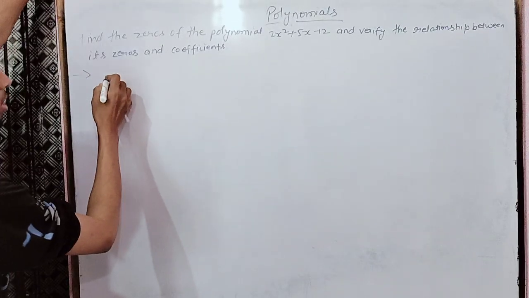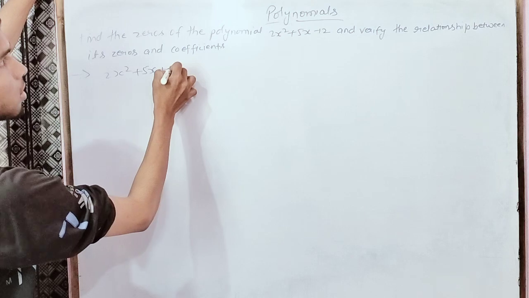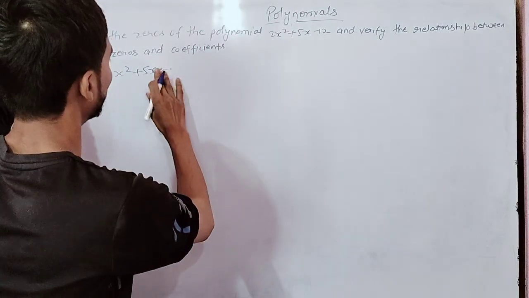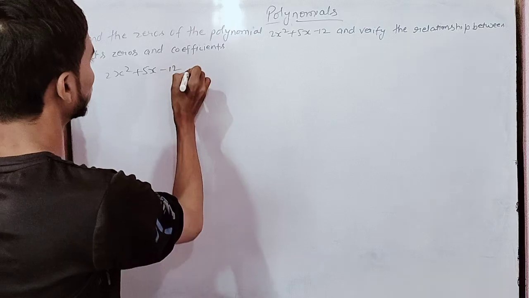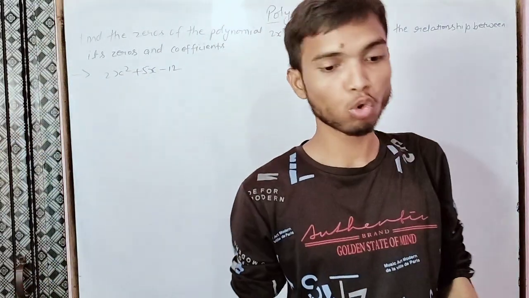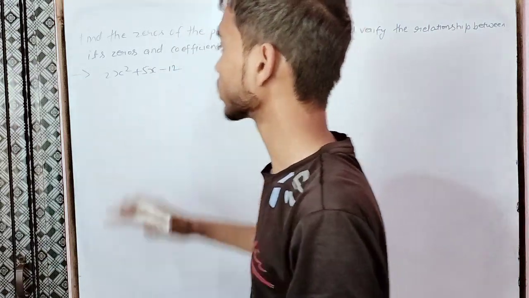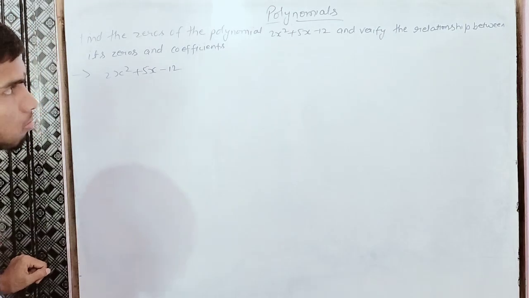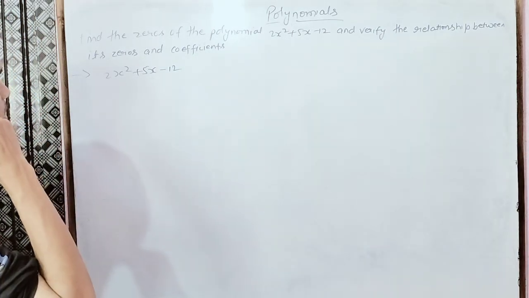So first here is the polynomial 2x square minus 12. Okay, minus 12. So here it is saying first we have to find the zeros of this polynomial, then we will apply the sum of zeros.